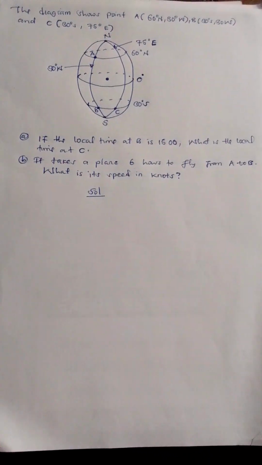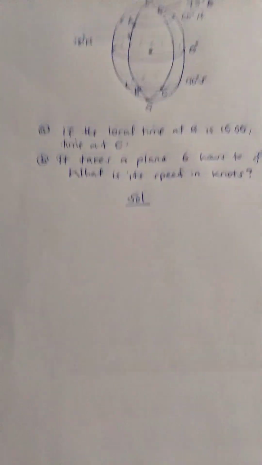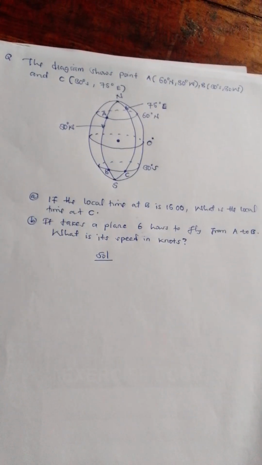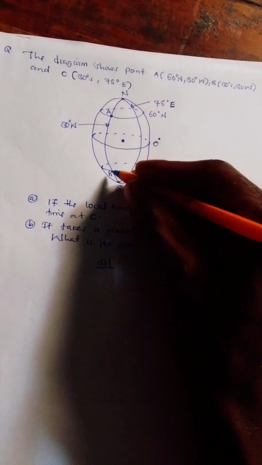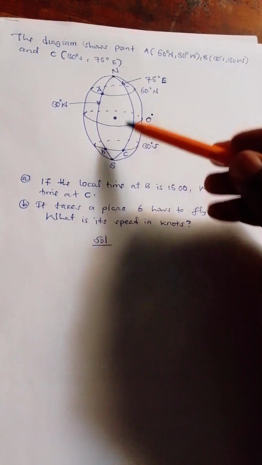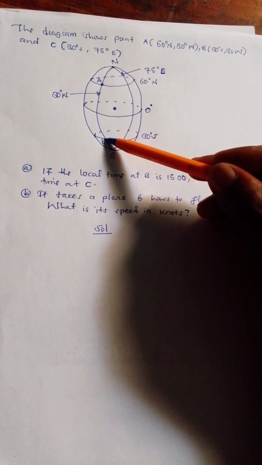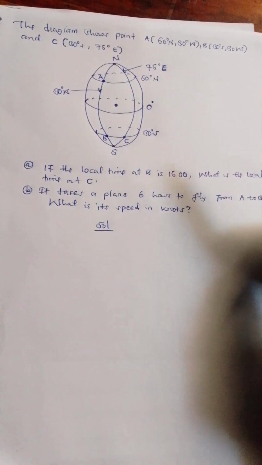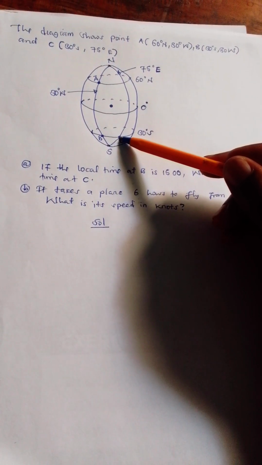Alright, so we are going to start answering this question, question by question. Let's analyze it. Let's look at point B. They are saying that if the local time at point B is 15 hours, this is point B, then what is the local time at point C? This is our point C here.